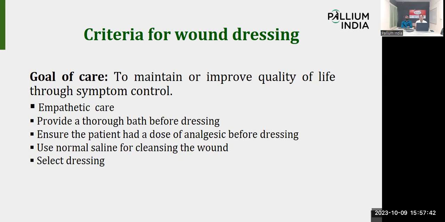While they are bathing, all the dead tissues will be removed from that area, and then we will go for a dressing. Then ensure the patient has had a dose of analgesic before dressing. That is very important. While we are doing it, the patient will be having pain. As we said, in the fungating ulcer, pain is the key symptom, which was not present earlier, but now the patient is having pain. So we have to give an analgesic, and also educate how to use normal saline for cleaning the wound, and how to select the dressing, right? So that is also very important.